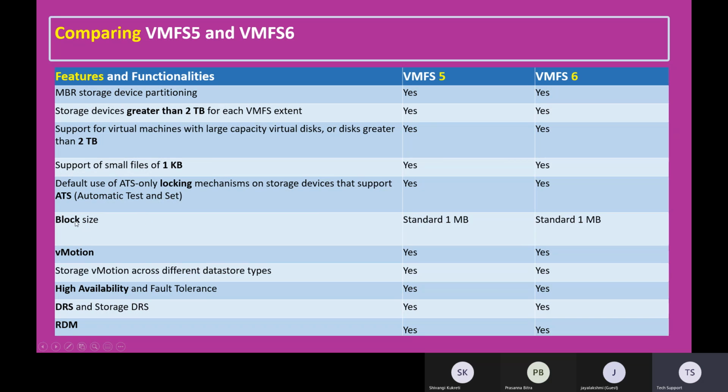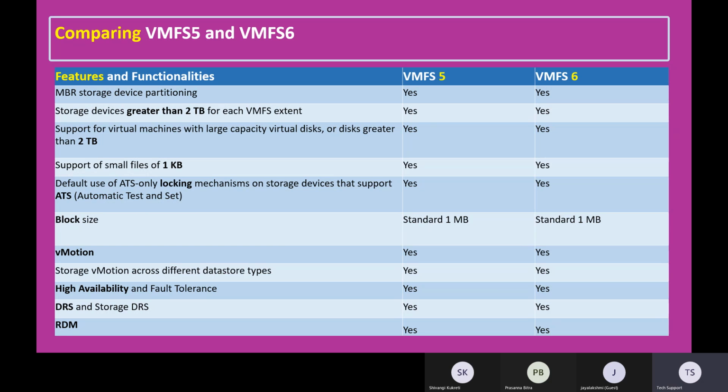Okay, and block size: by default, our VMFS 5 and VMFS 6 block size is 1 MB. 1 MB means whatever file you copy to a VMFS datastore, let's say my file size is 0.5 MB, but the VMFS 5 and VMFS 6 default block size is 1 MB only.